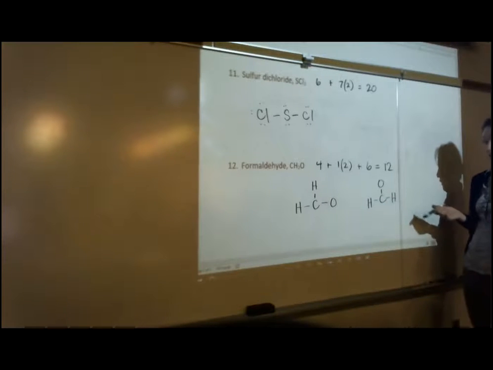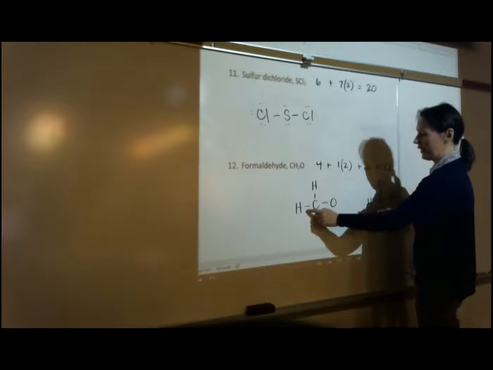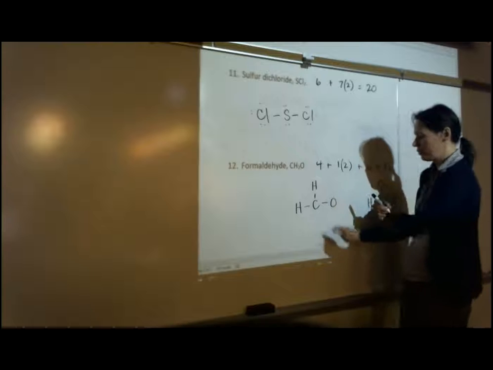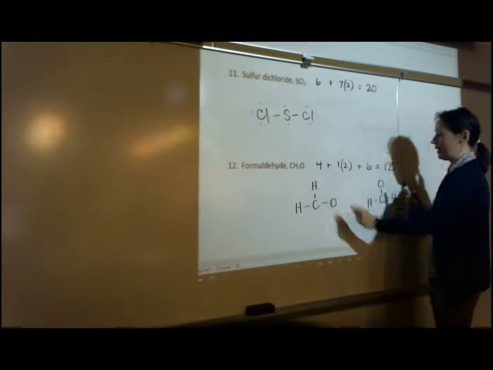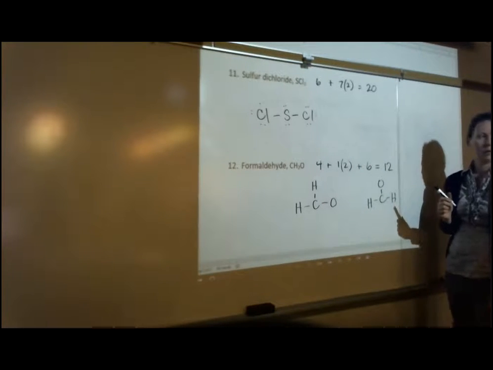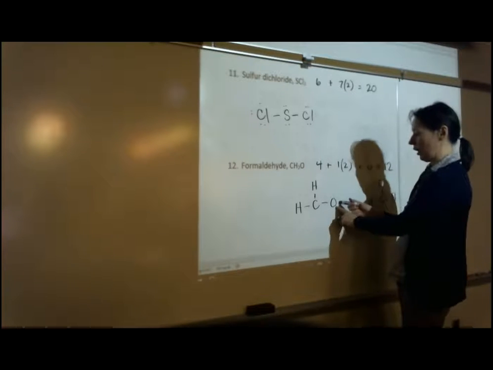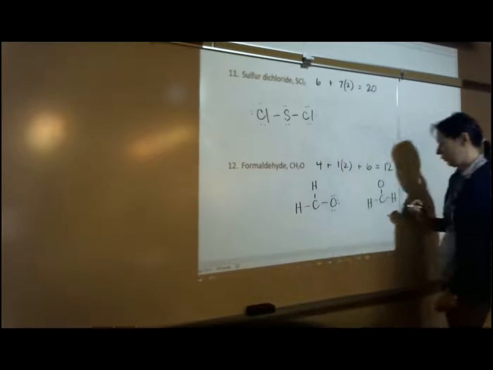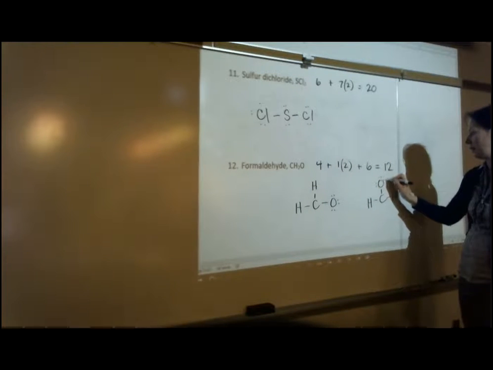So in either scenario, 2, 4, 6, do the hydrogens need octets? Nope. So 2, 4, 6, where do the remaining 6 go? On oxygen, right? You always fill your octets of your outer atoms first. 8, 10, 12. Or if you drew it like this, 8, 10, 12.